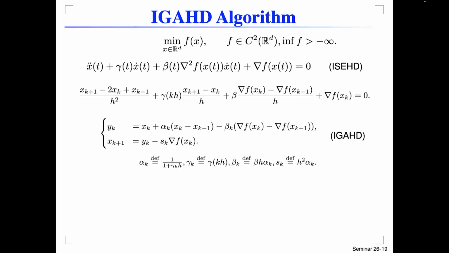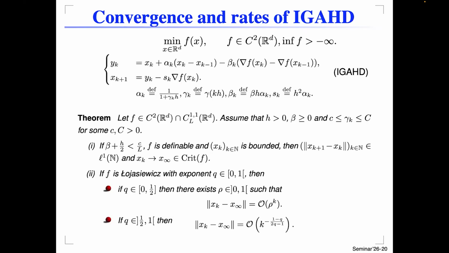This is where the oscillations will be attenuated, thanks to the differences of the gradients. See here, nothing depends on the Hessian. Then it applies gradient descent, and it keeps doing this. If you do it this way, then everything I've said about the continuous dynamic will hold on the discrete algorithm as well.